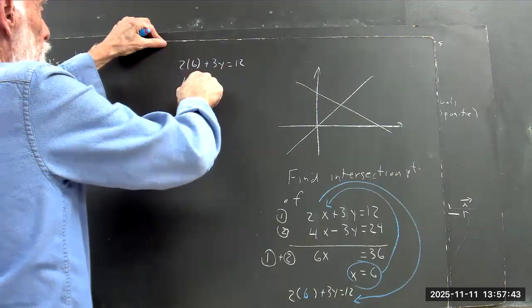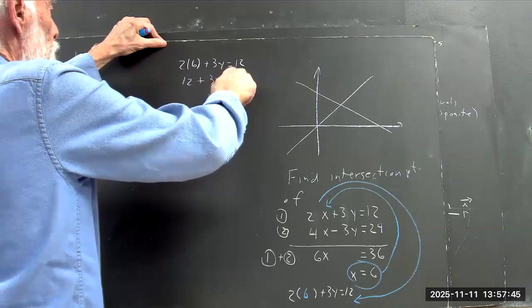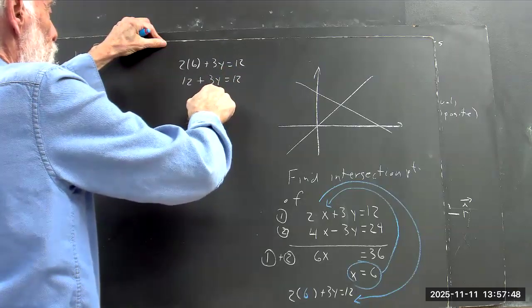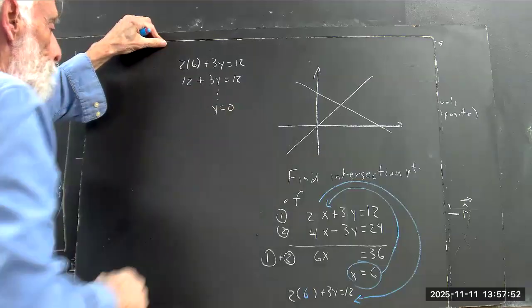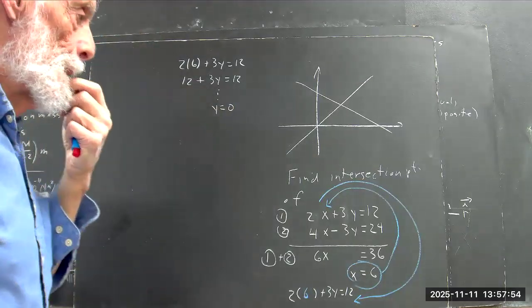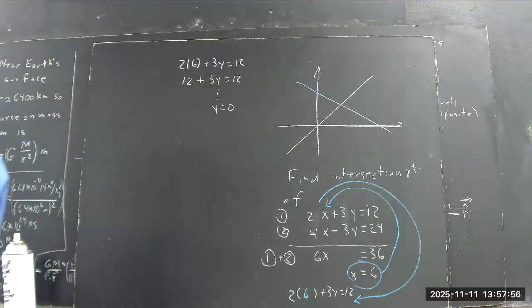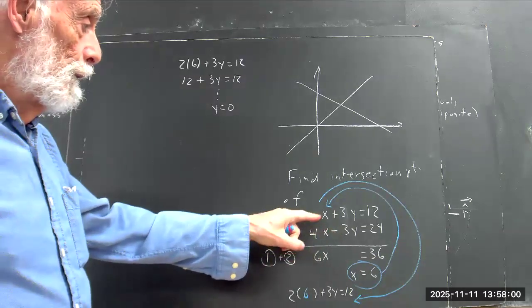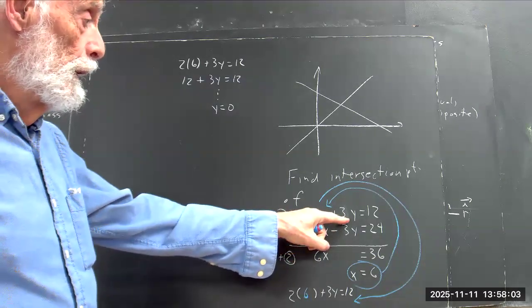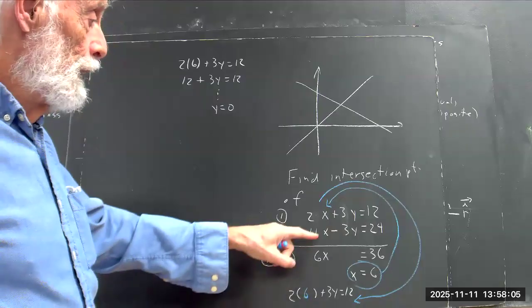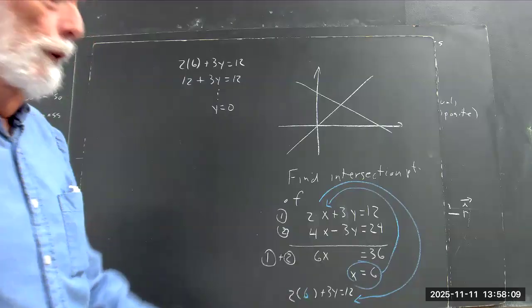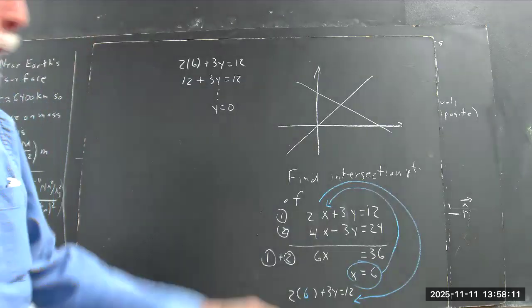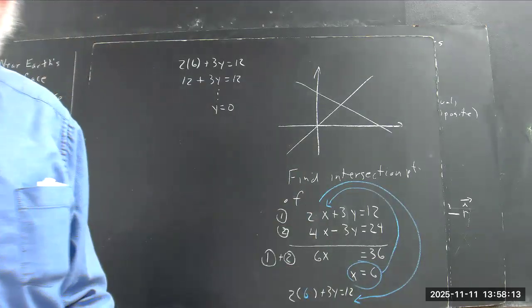That's 12 plus 3y equals 12. And you solve that and you get y equals 0. And then you check. You see, if x is 6, you get 12 here and y 0. Well, that's what you get. And if x is 6 here, you get 24. That's going to give you 0. You're going to get 24, right? So both equations check out.